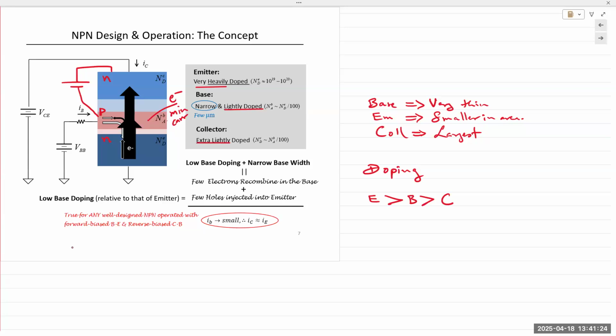They are pulled through the junction and swept away through the collector. And that's why the collector has a large current flow, even though the collector base junction is reverse biased. Let's take a pause while you think over that. Let me know if something doesn't make sense and you have questions.